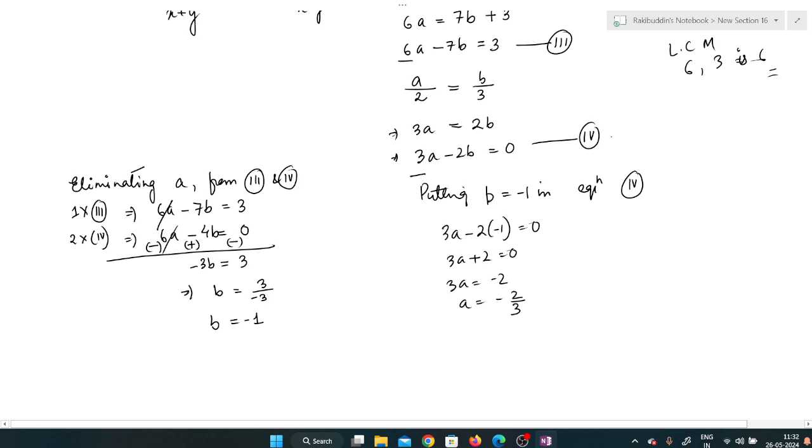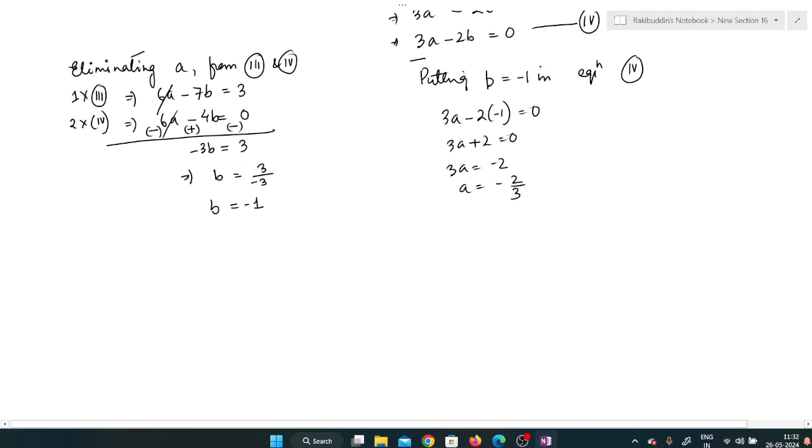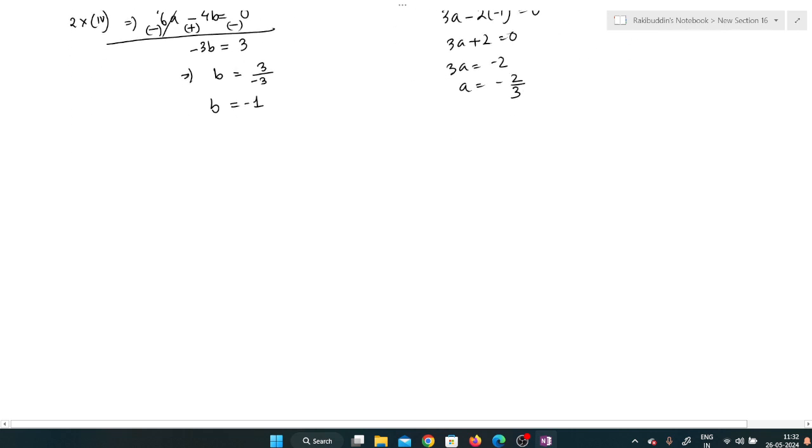Now our solving process does not end here, because a and b were not asked of us. We were asked x and y. Now what was your b? I have used 1 by x minus y equals minus 1. In place of b, I will write the original one. So now here also I need to reciprocate.